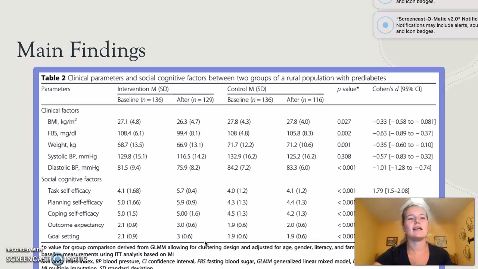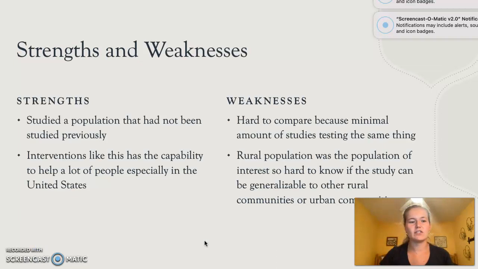So then going into the strengths and weaknesses of this trial, basically the strengths were that they studied a population that had not been previously studied, so that could add to this research, and interventions like this have the capability to help a lot of people, especially in the United States.